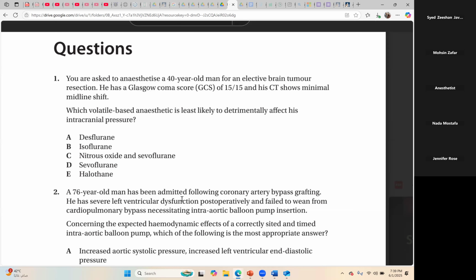Similarly, in this question they are asking which inhalational agent has the least effect. You should also know that this patient can bleed, so you always have an arterial line and a central line, not only for other reasons. There are also chances of venous air embolism, so we arrange one line for this.